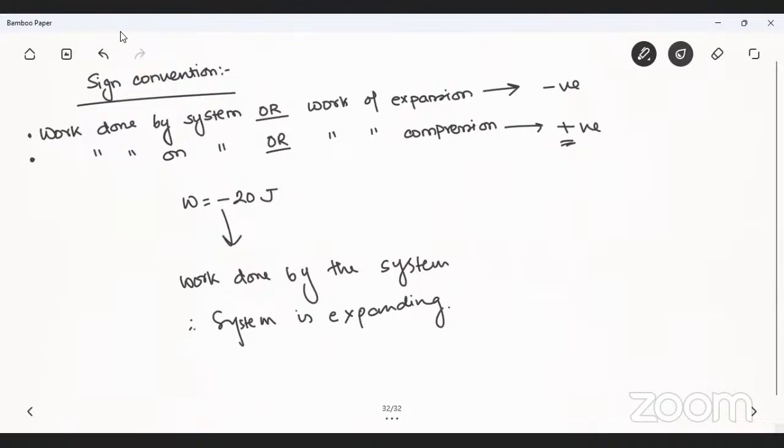This is your sign convention for work. Now we will be studying something for our boards: calculation of work. How we calculate it will come in your boards. Calculation of work, derivation. Suppose I'm drawing here.